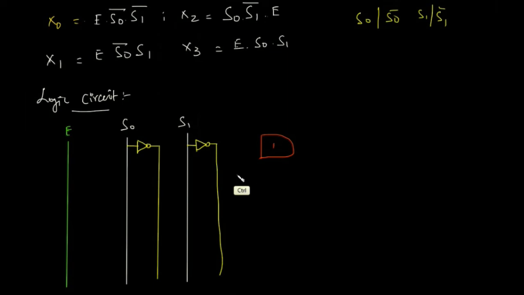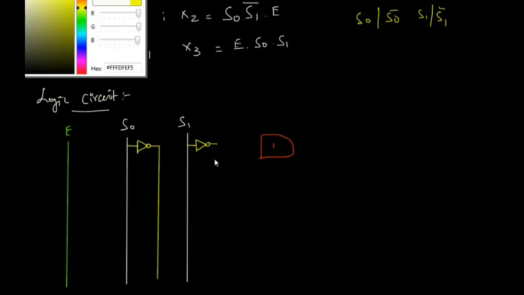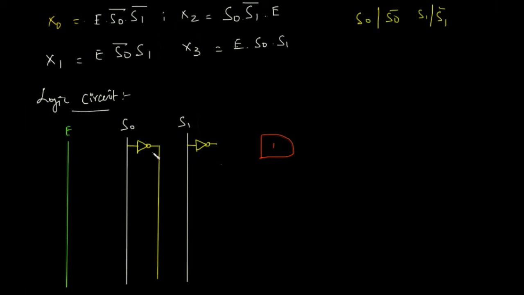Okay, so the first connection can be made like this. I'll change the color. So the first connection for S0.